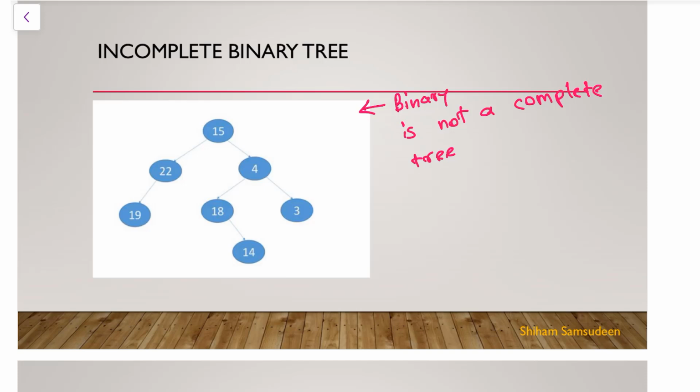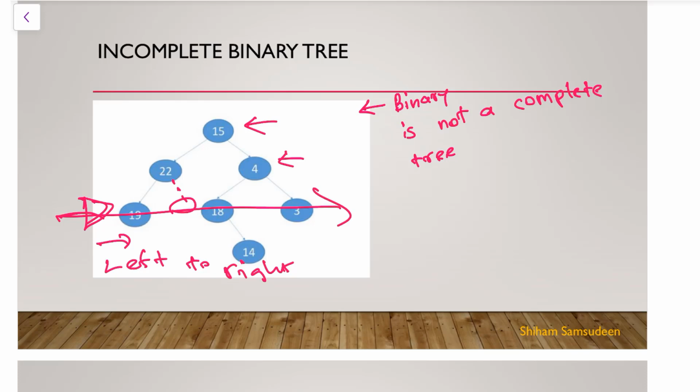So as you can see now, this level is okay, this level is okay, but on this level you are missing a bit, right? So that means it's not filled from left to right. When you come from left to right like this, it has to fill in order.